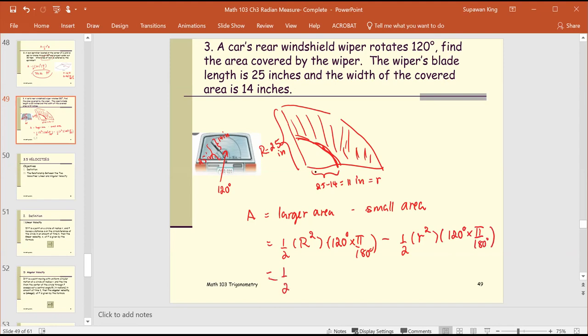Replace the values. The capital R is 25, so 25 squared multiplied by 2 pi over 3, minus 1/2 times 11 squared multiplied by 2 pi over 3. And the answer comes out to be 527.79.